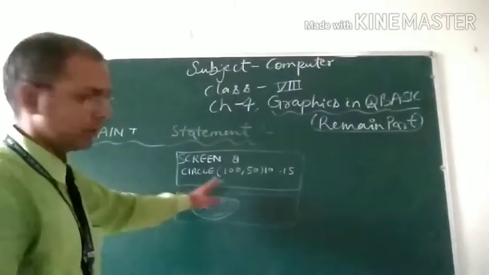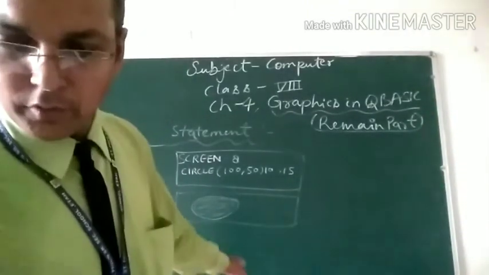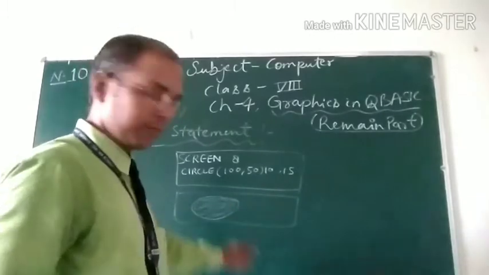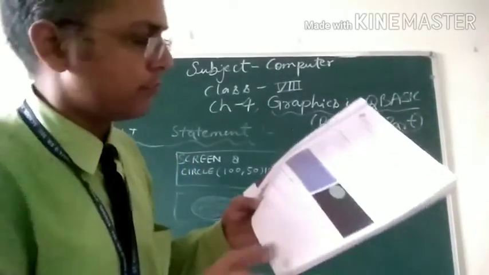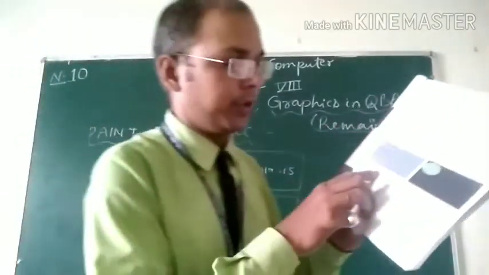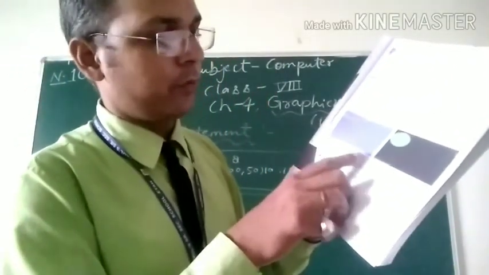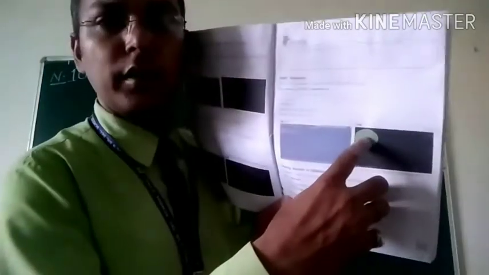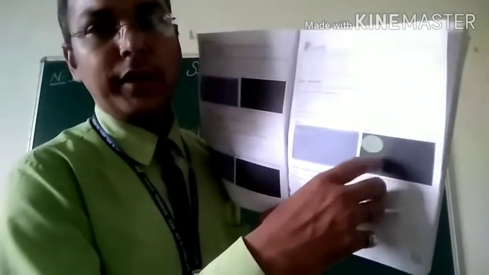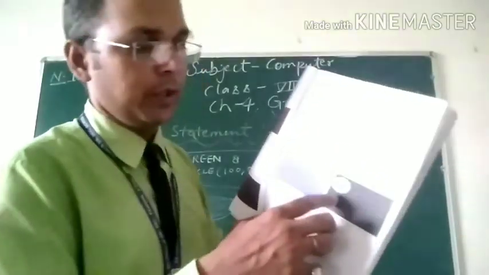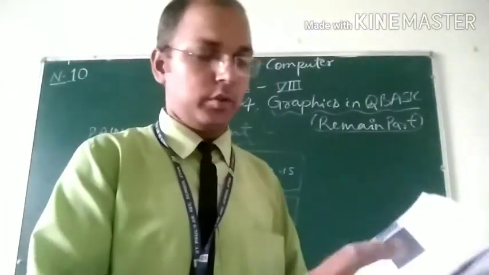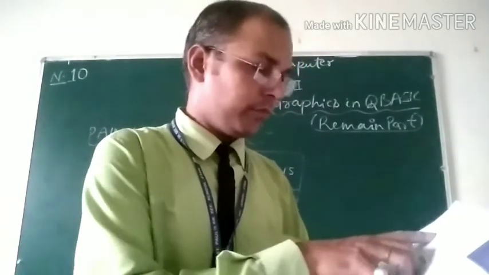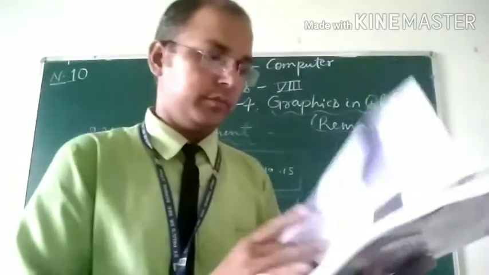This is figure number 4.14 and 4.15. The outer line is in white color because the color code is 15, and the inner is color code 10, so light green.